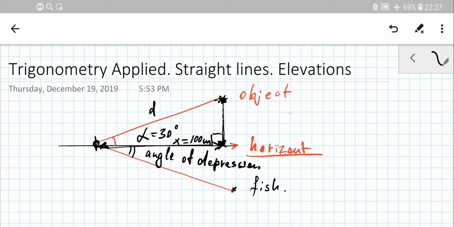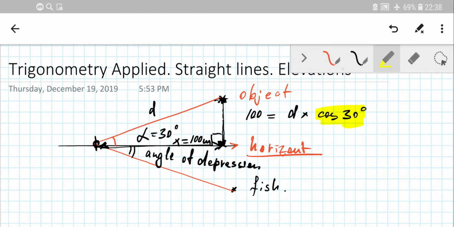The distance to the object is simply the hypotenuse, right? So we need to use the adjacent side, which is 100 meters, and the hypotenuse multiplied by cosine 30. From here we can figure out the distance through cosine 30 and 100.